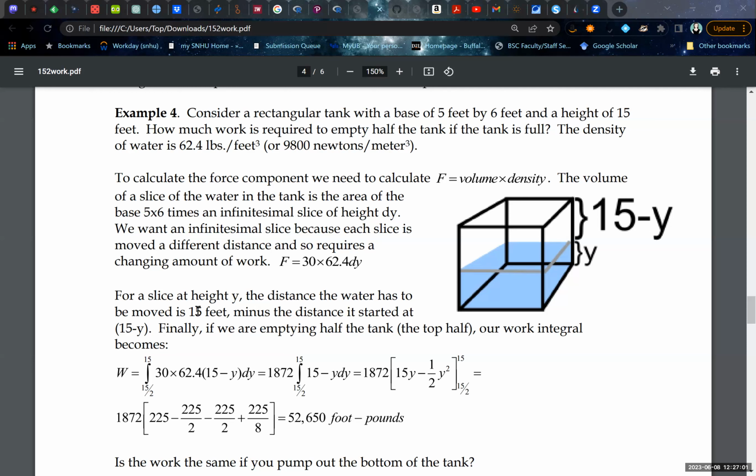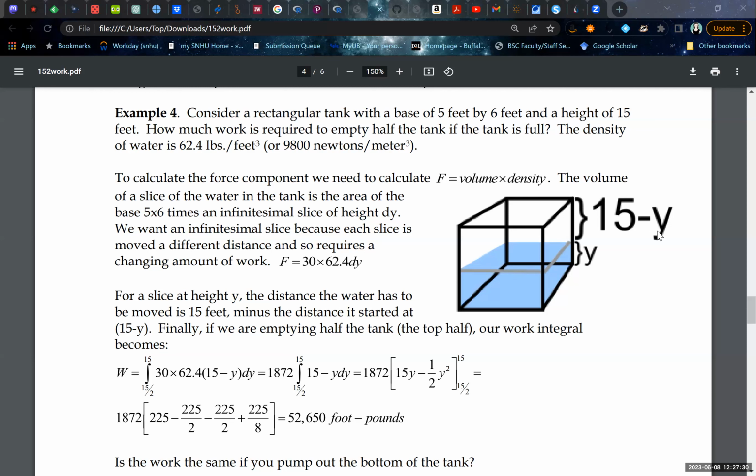Now, for a slice, think about slicing it at a particular value that's say y units off the base. How far do you have to pump that slice in order to get it over the top of the tank? So if you are at a height of y from the bottom of the tank, and the tank is 15 feet deep, then to get it pumped over the top of the tank, you need to travel 15 minus y feet.